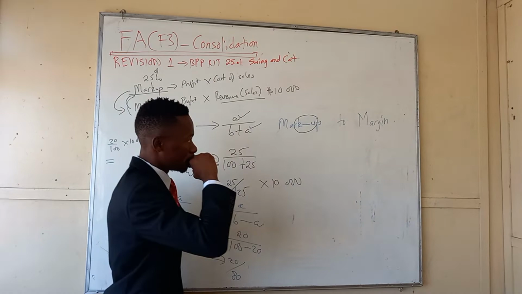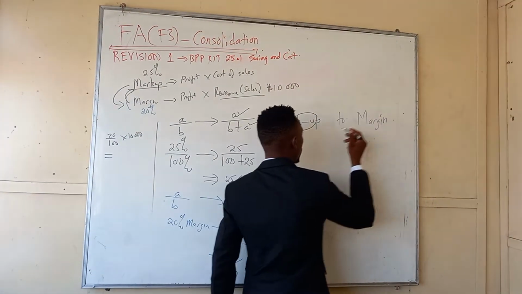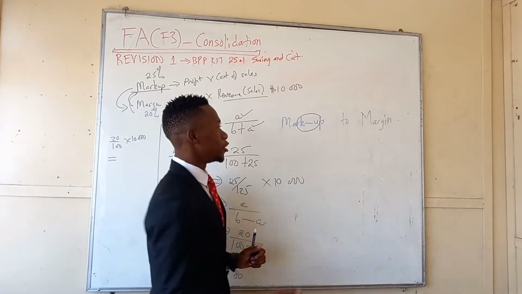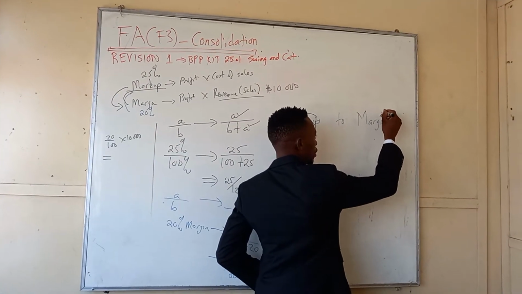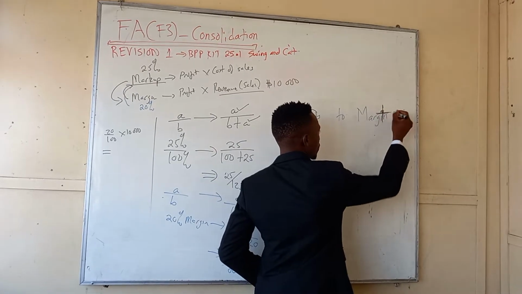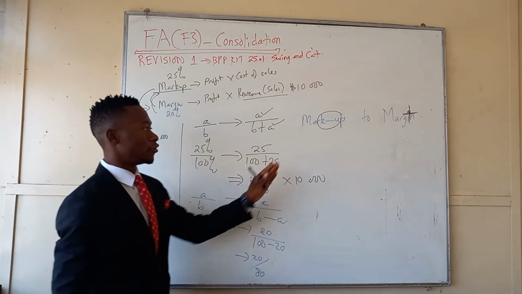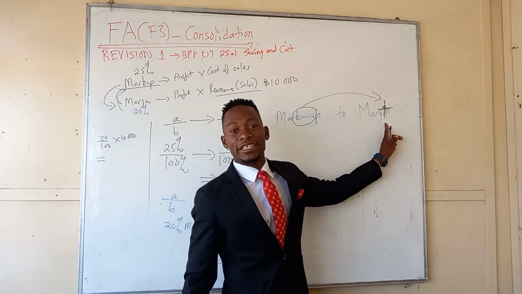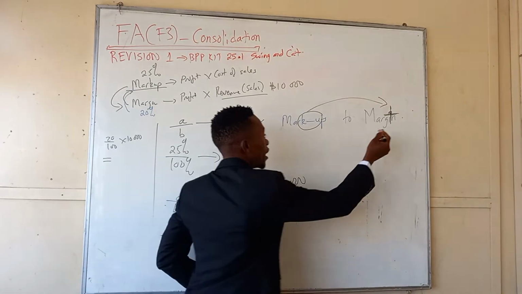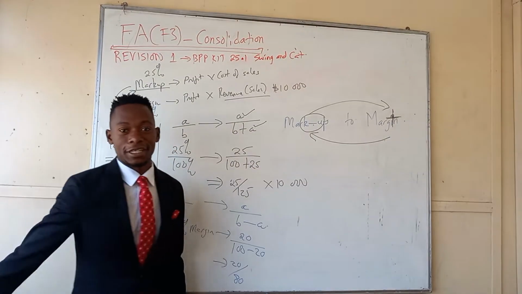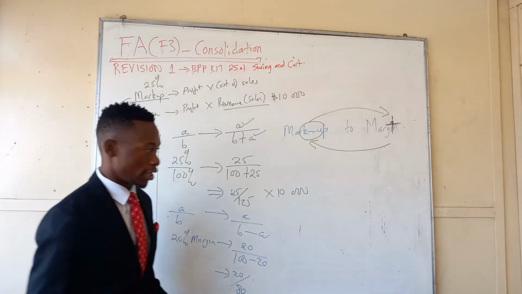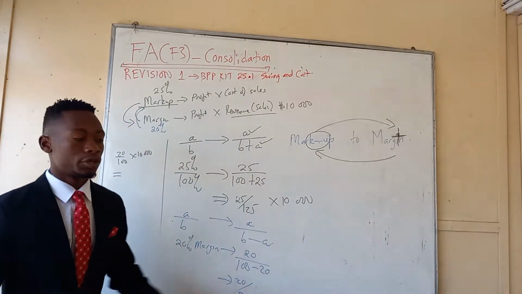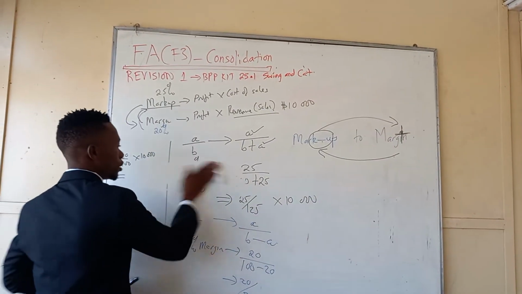When you write markup, this is the negative sign. To margin, this is a positive sign. So if you want to convert markup to margin, you add the denominator. Margin to markup, you deduct the denominator. Alright? So we are going to apply this concept when we look at a question.